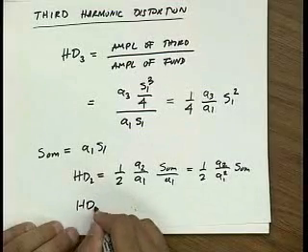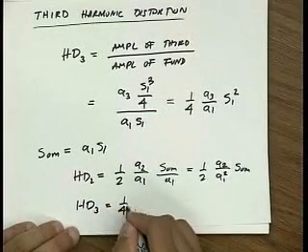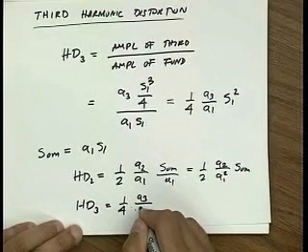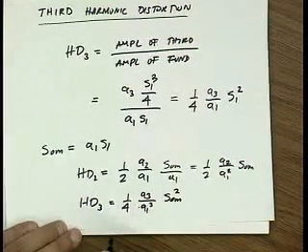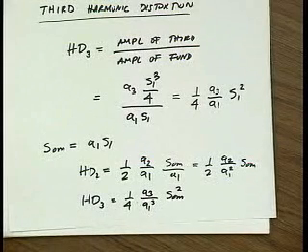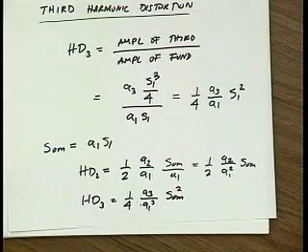And if I substitute into HD3, I get 1/4 A3 over A1 cubed S out squared. Okay? Questions or comments about HD2, HD3?